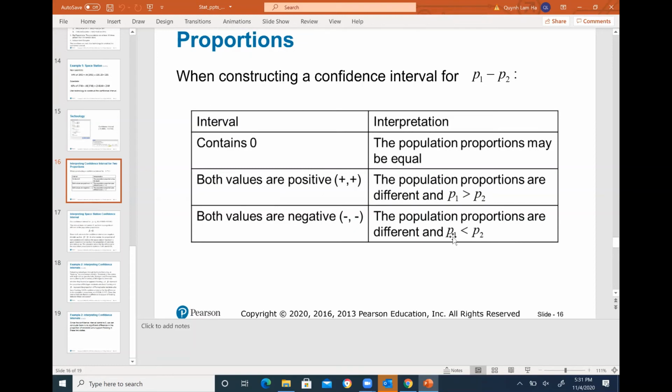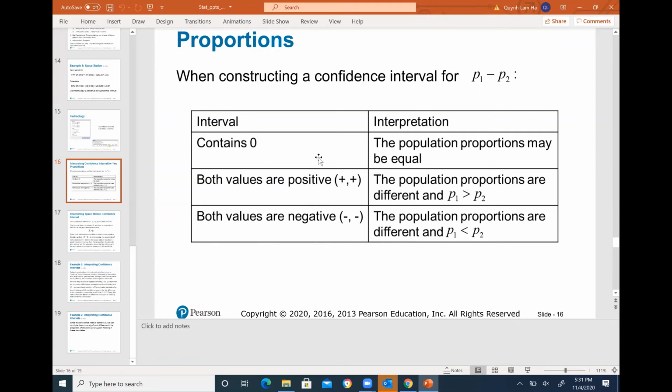So in the earlier example we ran in StatCrunch, we conclude P1 is less than P2. It's obvious that P1 is less than P2, and that they are different. That's if the interval is both negative. But if the interval contains a 0, it means the numbers are, for example, like 1 and 2, with 0 in between.